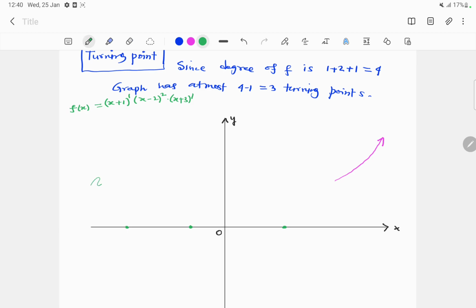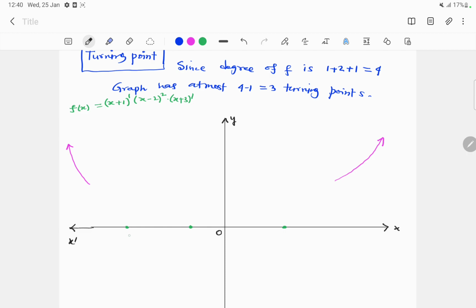So this side also goes like this, goes to infinity, so upward. So the end behavior, we just put it here this way, something like this. So both side end behaviors we draw.